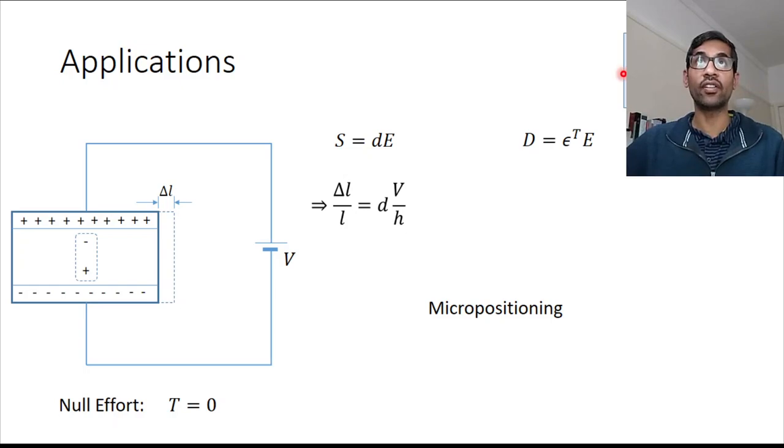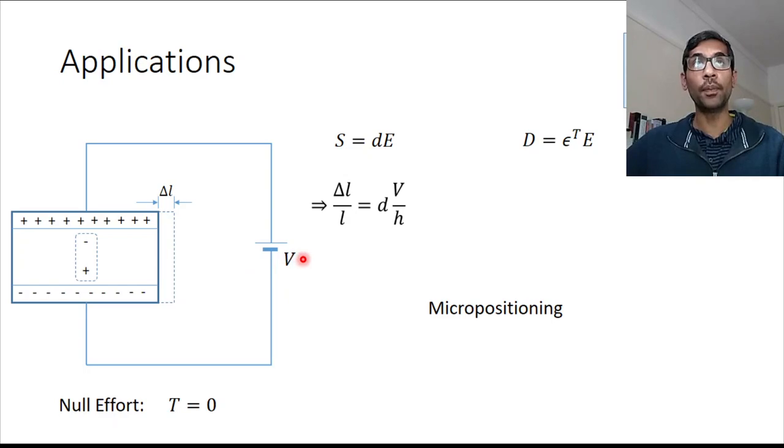We see that there is going to be a displacement current or a charge that will develop across the crystal. But what is more interesting is looking at this stress strain relationship here. If we set T equal to 0, there is still a strain, and that strain is dependent on the electric field across this crystal, E. And E is dependent on the voltage that we apply.